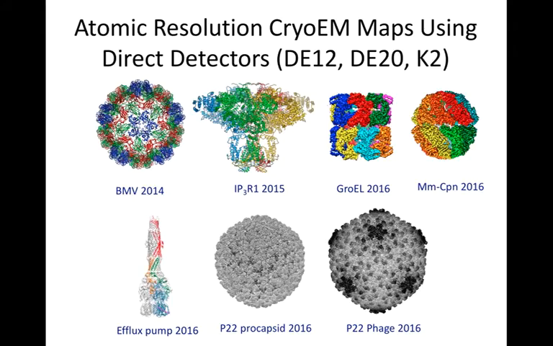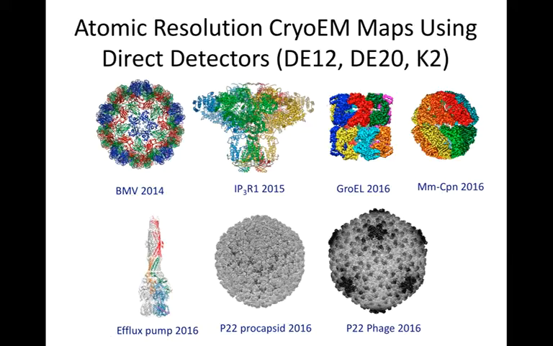Now, in our lab, in the last couple of years, we have had the availability of these direct electron detectors. We have 3 types of detectors from 2 different commercial vendors, and we have solved several of these structures, including some specimens that we did in previous years.